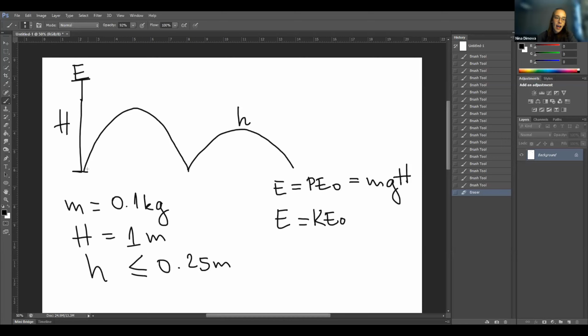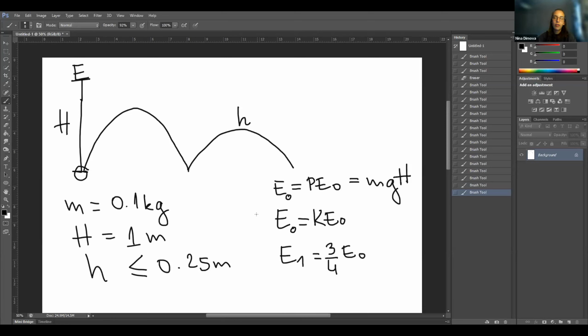Point is, at this point here, it says that it loses a quarter of its kinetic energy. So it reaches the ground with this energy, and then E1 now, so these were E0, becomes 3/4 of E0. Again, what I'm trying to convey is that all of its energy is kinetic energy here.